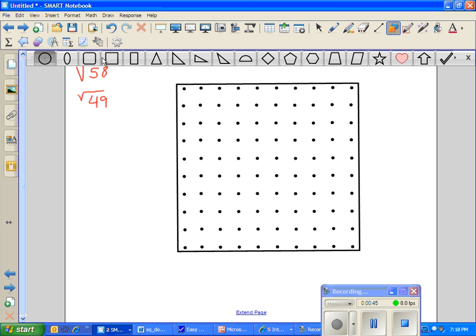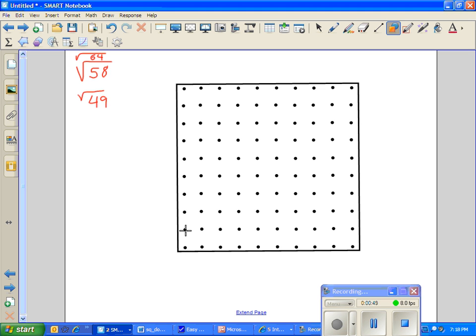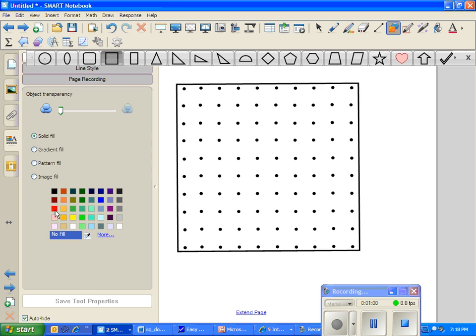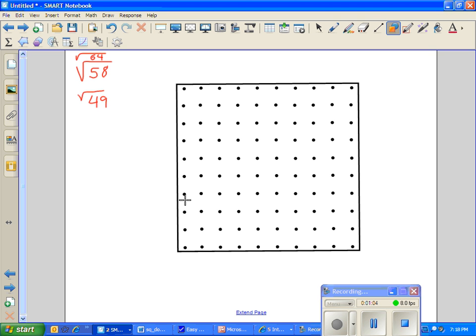So first I'm going to build the square that's 49. Pick the color here. It's not drawing a square. Oh, there it is.